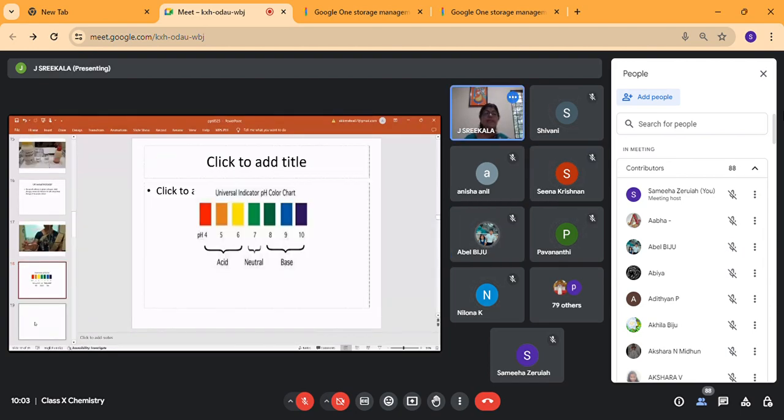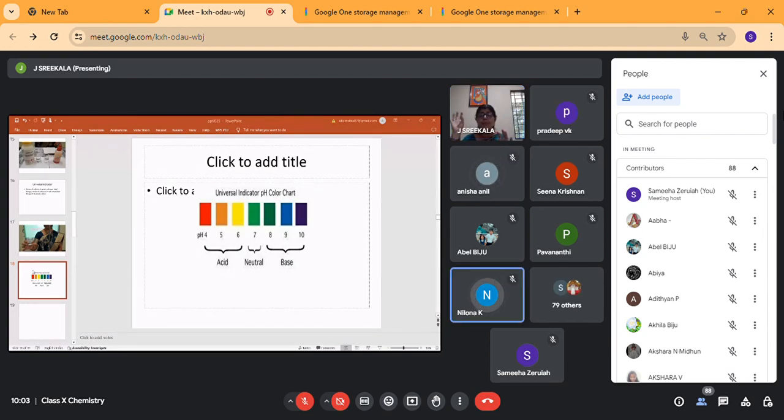Next, you see here a picture. You can see the universal indicator color chart. For a neutral solution, it is green. And for base, it is changing to light green, then blue and dark blue. Can you see?